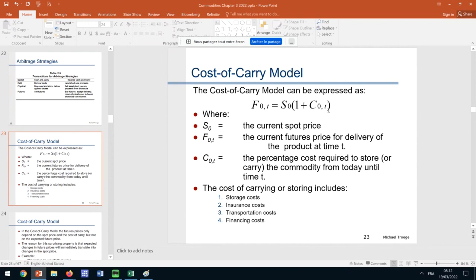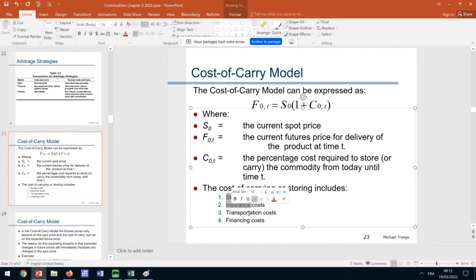And the cost of carry includes storage costs, insurance costs, and financing costs. In the simplest model, in the model that we've just calculated with the gold, there is only the financing costs, but in the real world, you of course have also these other physical costs. For gold, these are mostly negligible. So the futures price should be the spot price plus these costs of carry.